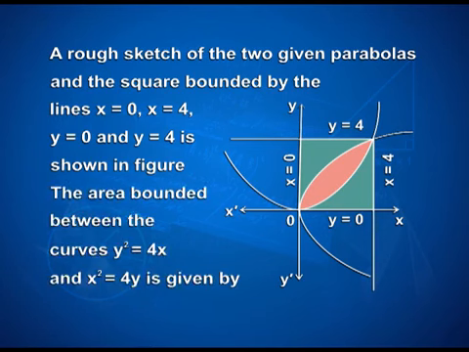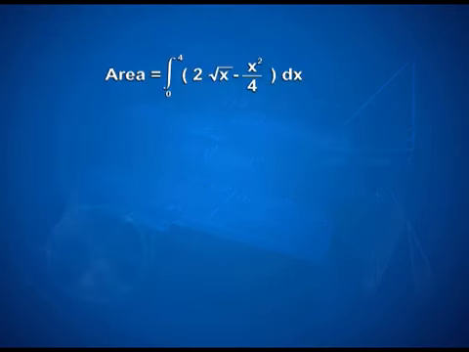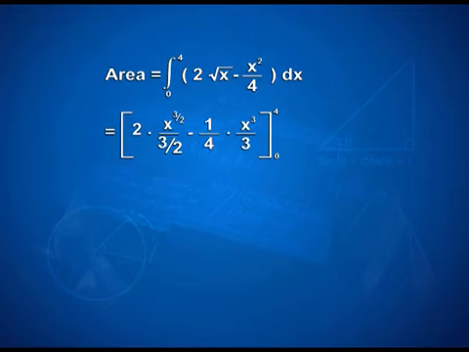The area bounded between the curves y² = 4x and x² = 4y is given by the integral from 0 to 4 of (2√x − x²/4) dx, that is equal to 2 into x^(3/2) divided by 3/2 minus 1/4 into x³/3 with limits 0 and 4.